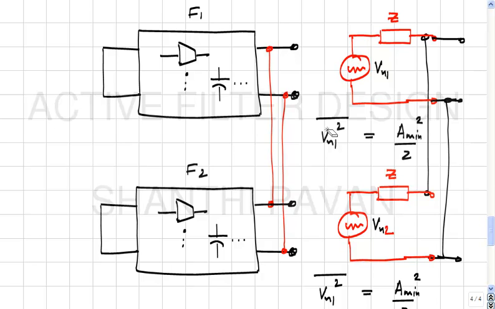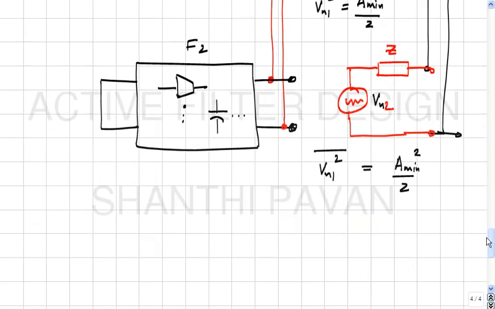All right. Now we already know that the mean square value of Vn1 is A min square by 2. The mean square value of Vn2 is also A min square by 2, right?